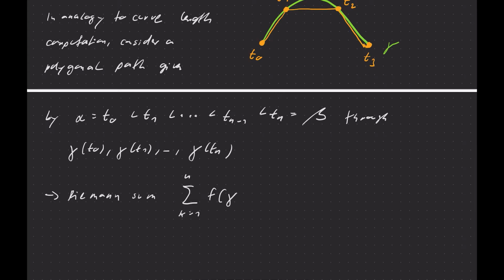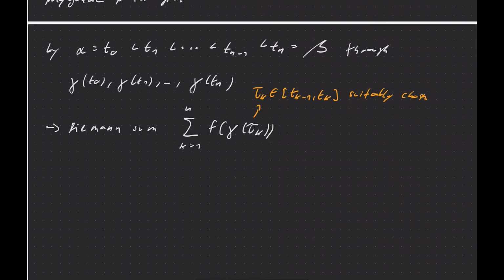So f of gamma of tau k, where again tau k is a point in the interval from t_{k-1} to t_k. Let's just say that's suitably chosen to yield either the lower Riemann sum or the upper Riemann sum or anything in between. And then of course we need to multiply that by the length of that section of the polygonal path. So that is the norm of gamma of t_k minus gamma of t_{k-1}.